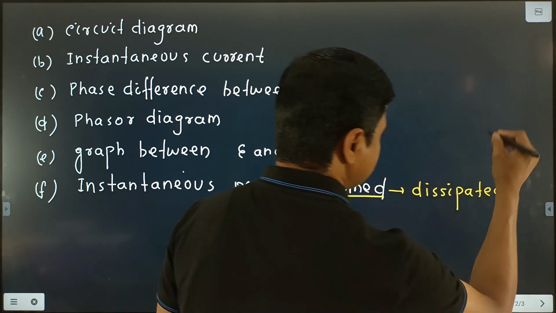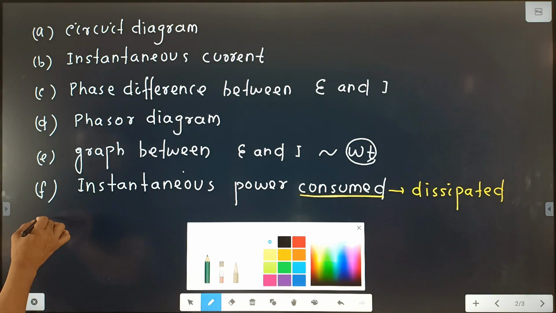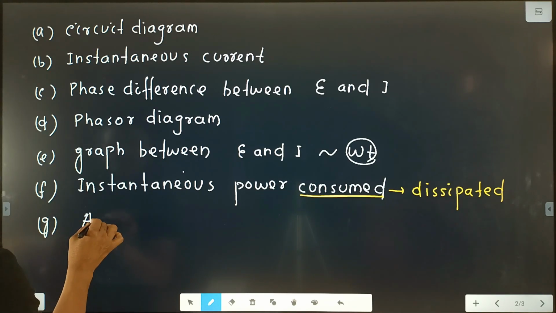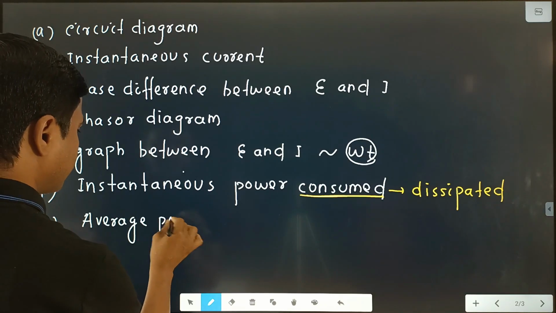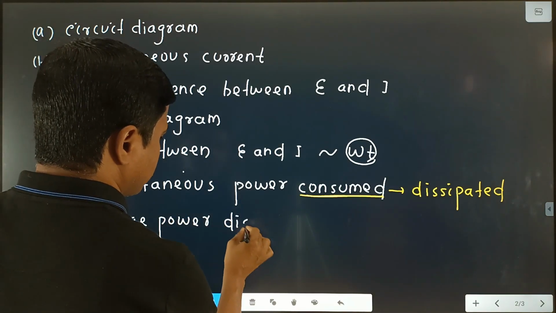Same thing. Dissipated means power consumed. And the last one, we will calculate the average power. Average power consumed or dissipated.